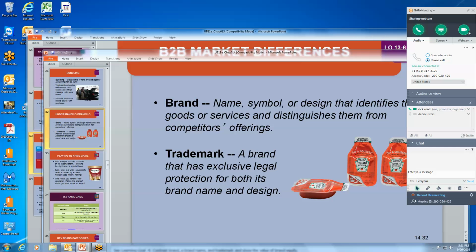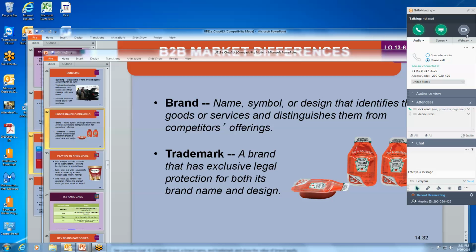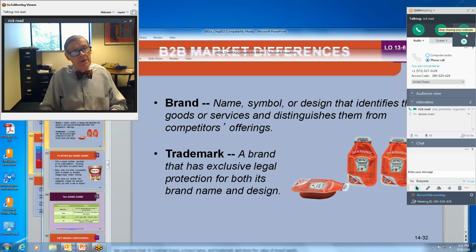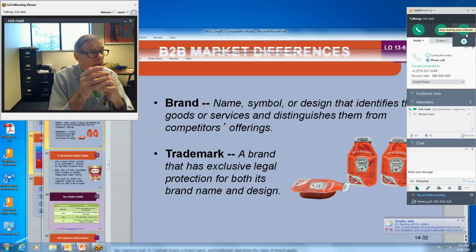Now, here we're going to talk about branding and understanding branding. It's a little bit different here. We tend to mix and match terms, even though when we do that, we really kind of know what we mean, but we're not exactly 100% correct. A brand is something that we associate with a particular product. It can be a name, it could be a symbol, it could be a design.